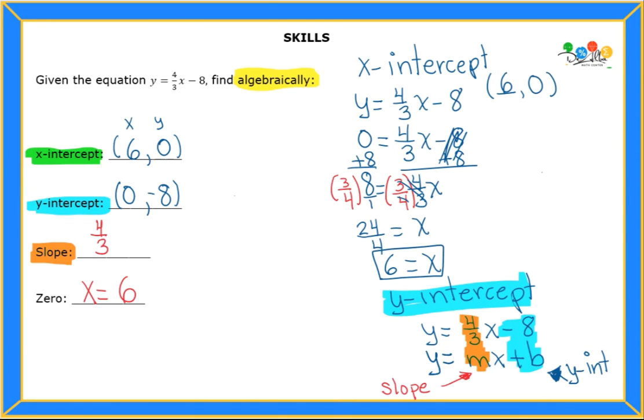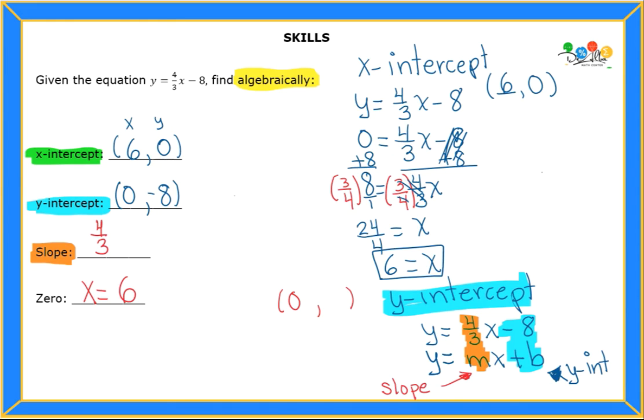Now I'm going to work out my problem for the y-intercept, replacing x with a 0, and work out my equation to see if I get a -8.